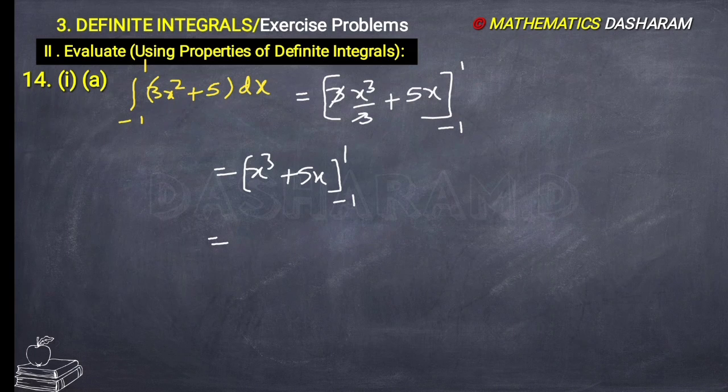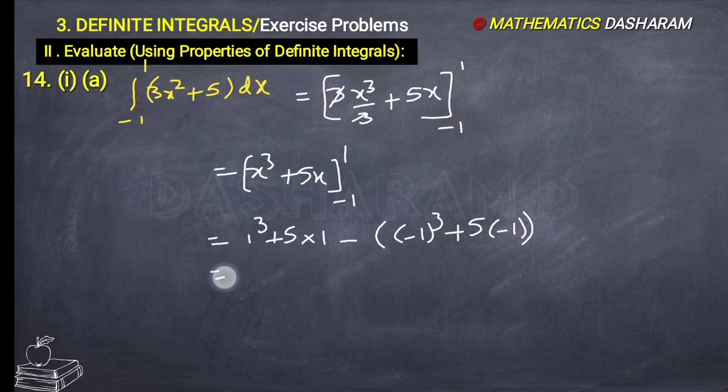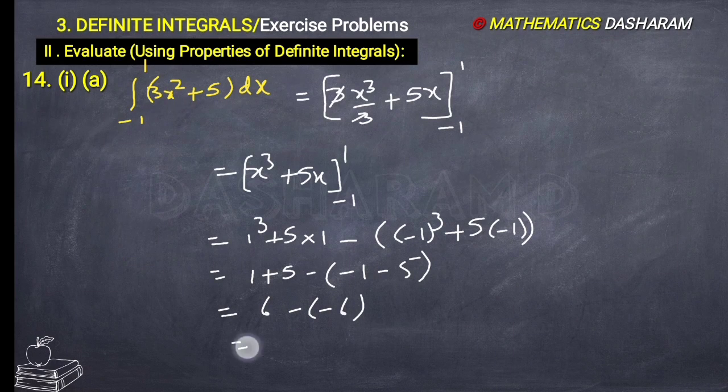Now substitute the upper limit: 1 cube plus 5 into 1, minus, substitute the lower limit: minus 1 whole cube plus 5 into minus 1. So 1 cube is 1, 5 into 1 is 5, minus, minus 1 minus 5, 6 minus minus 6, 6 plus 6, it is equal to 12.